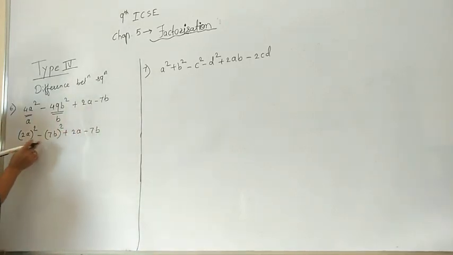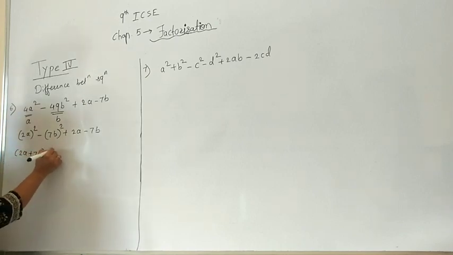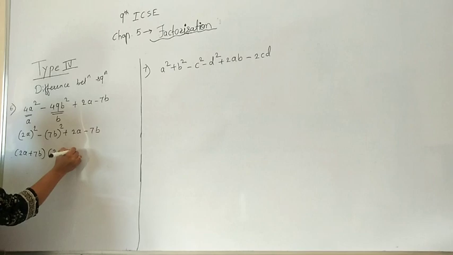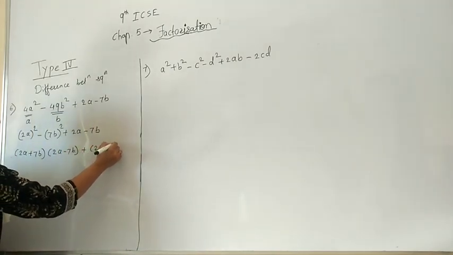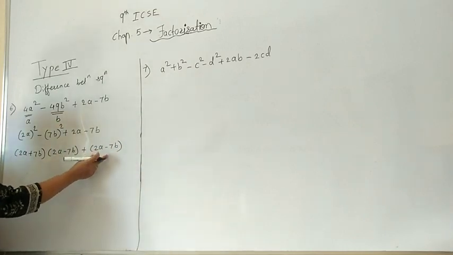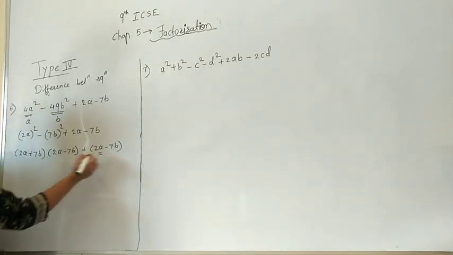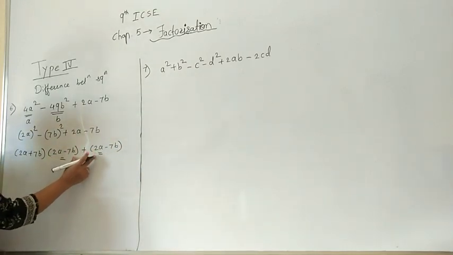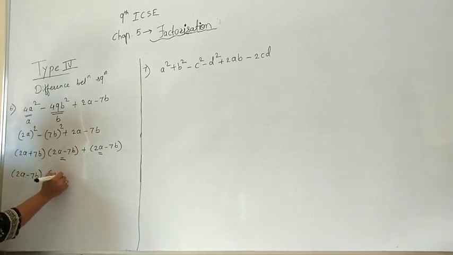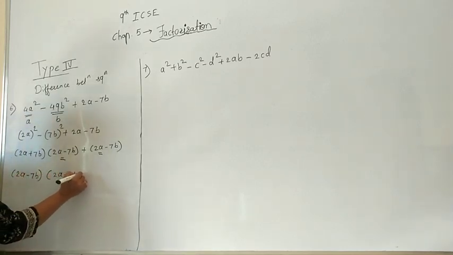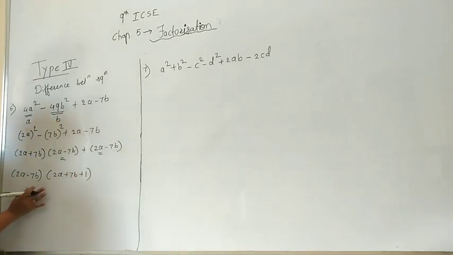Now factorize this as 2a plus 7b and 2a minus 7b, plus 2a minus 7b. I put brackets for understanding. So this and these two brackets are equal. So take common from this: 2a minus 7b is common, 2a plus 7b plus 1. This is the answer.